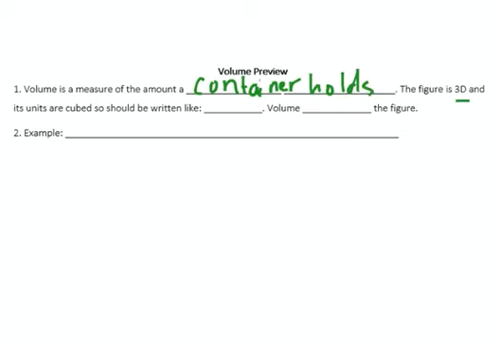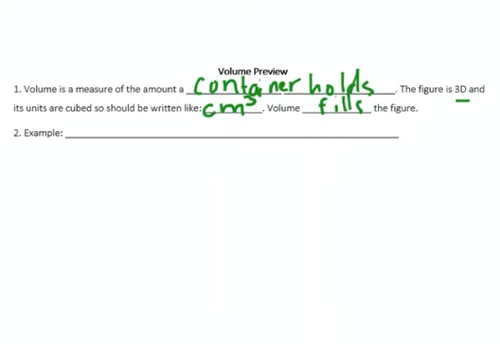The figure is 3D and its units are cubed. So every time you write the units, whether it's inches, miles, centimeters, kilometers, whatever it is, it has to be cubed. So instead of the squared for area, it's going to be centimeters cubed. Volume fills the figure, just like the water was filling the cup.